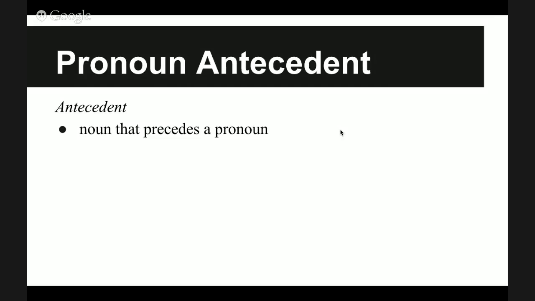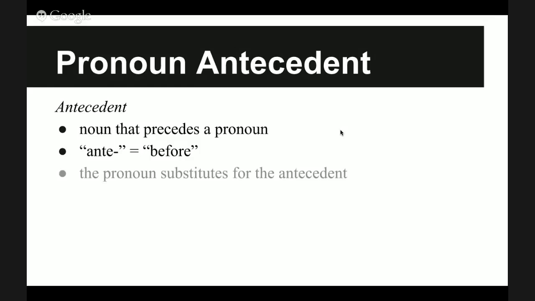And a good way to remember that is that the Latin prefix ante, A-N-T-E, means before. So the noun that comes before a pronoun, we refer to as its antecedent. The pronoun substitutes for the antecedent. It is the noun that the pronoun is replacing.